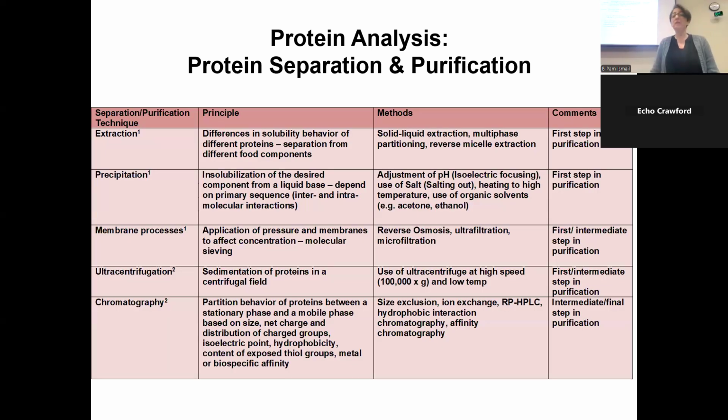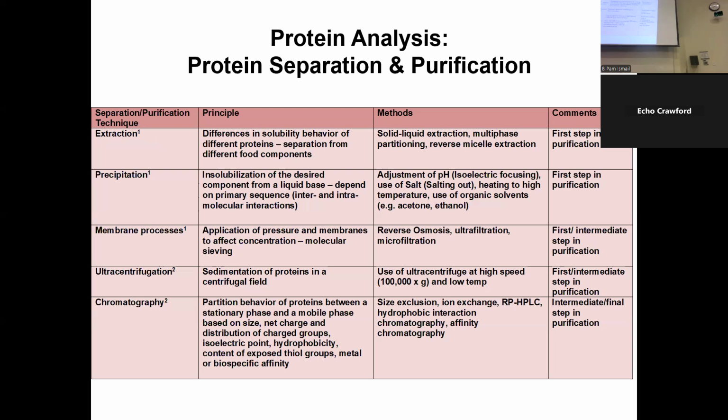So this is a summary table that talks about the different stages of purification. First is removing it from the complex matrix. We call it extraction. Not always solubilization, because sometimes it's not just based on solubilization.